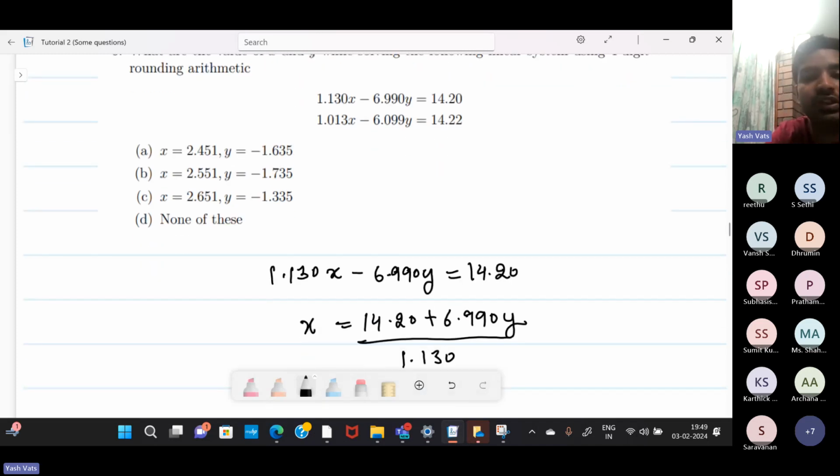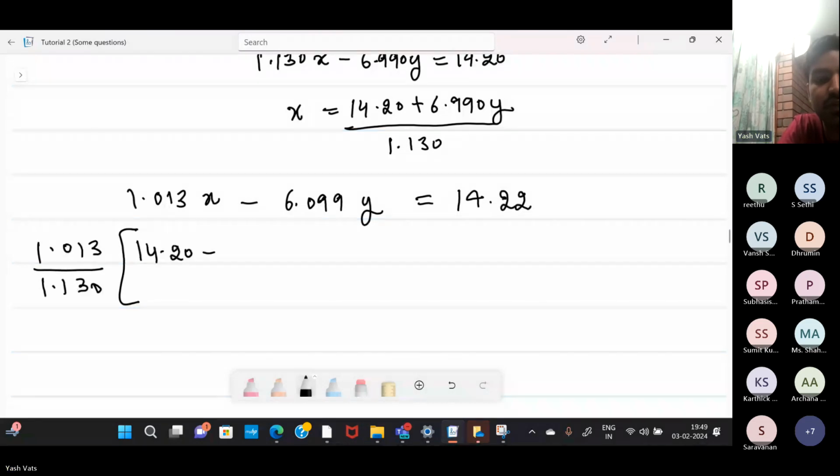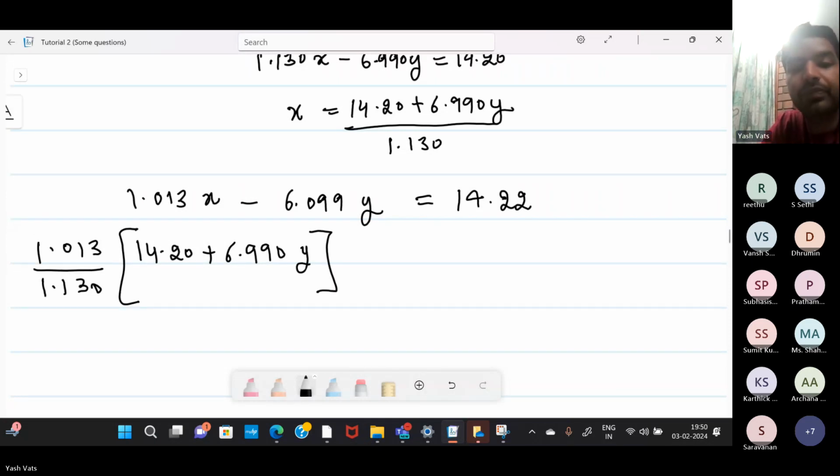So it's 1.013x minus 6.099y is equal to 14.2. So x is just this, 1.013 divided by 1.130, times 14.20 0y, minus 6.099y is equal to 14.22.